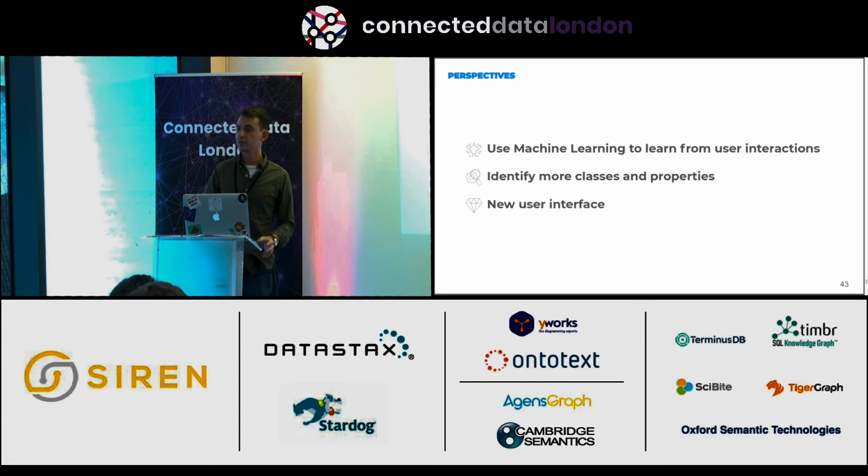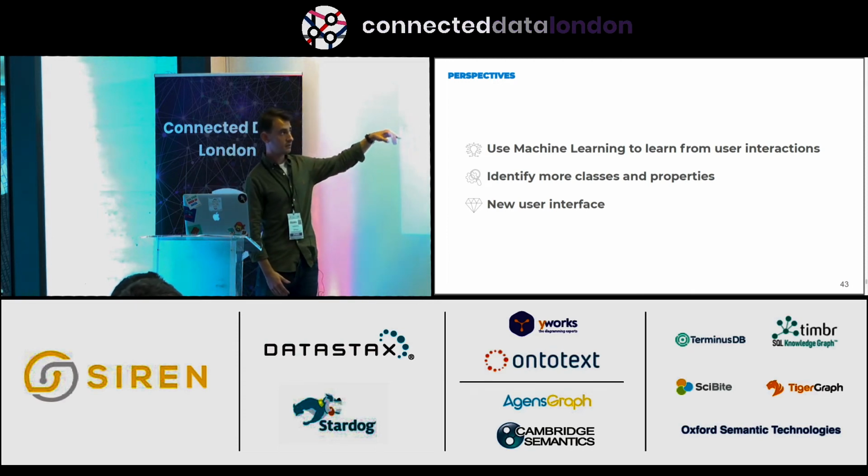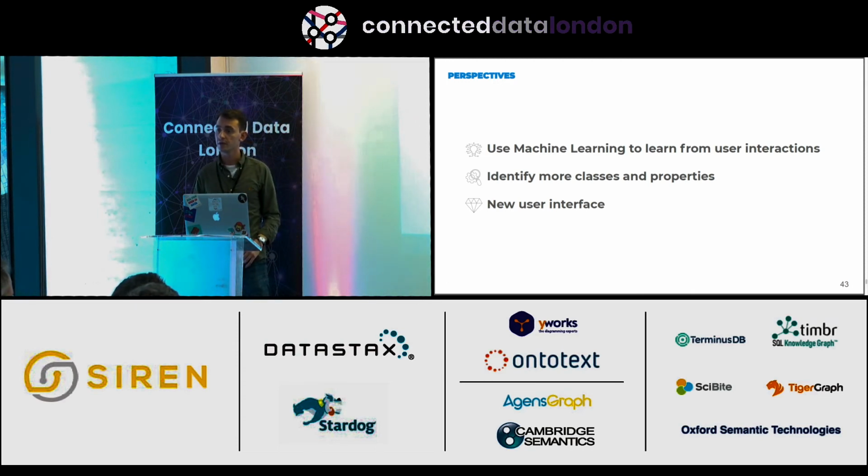And we have a lot of other perspectives. For the moment, it's just a beta version of the bot, just a prototype, but we want to extend it. For example, we want to use machine learning techniques to learn from user interaction, so to learn from the answers from the users.